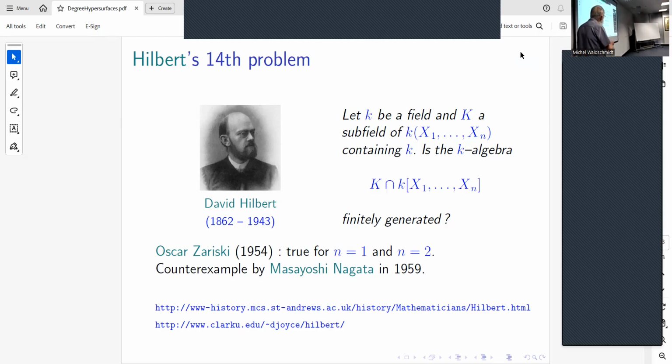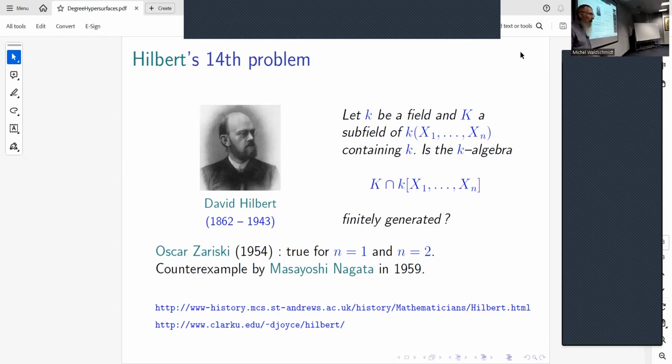So capital K contains small k, and we look at the k-algebra which is the intersection of the big field and the ring of polynomials in n variables. The question is: is this intersection finitely generated as a k-algebra?